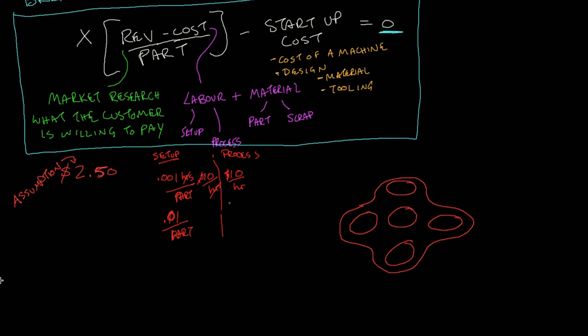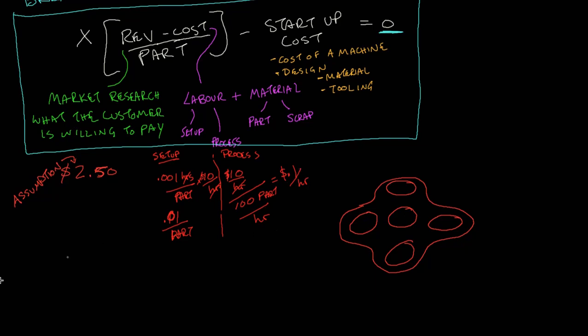So they can get 100 parts per hour. So then your hours cancel, and you get $0.1 per part.